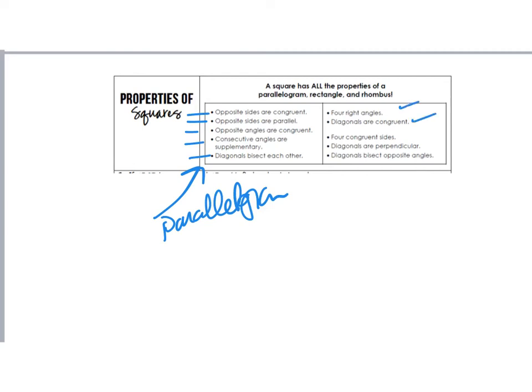And now we are adding to the square all those properties plus 4 sides are congruent. Diagonals are also perpendicular. Diagonals bisect opposite angles with the rhombus. And here we go. And we need to add that the diagonals are congruent.